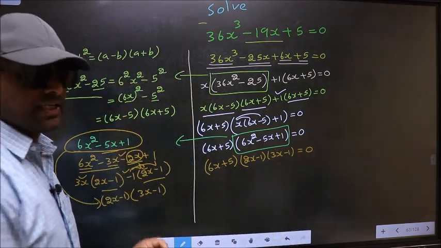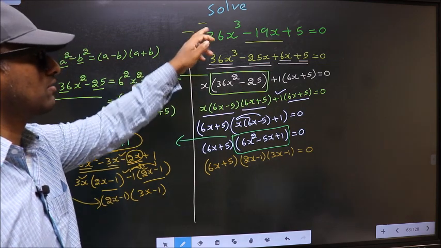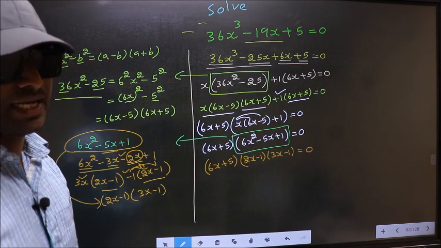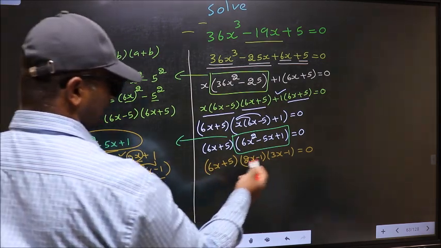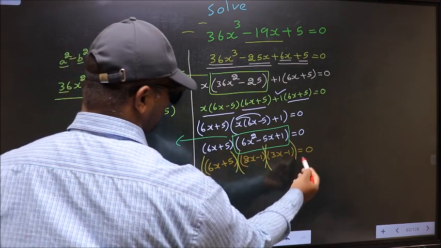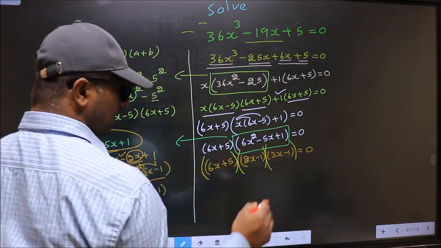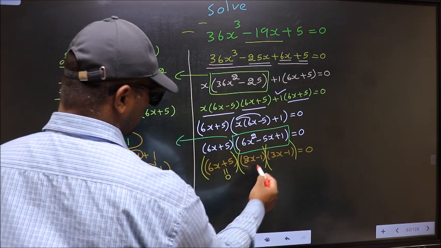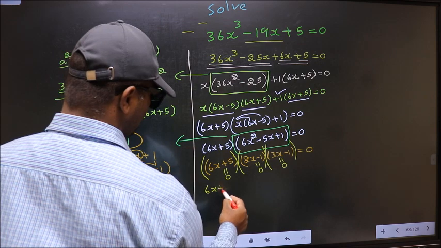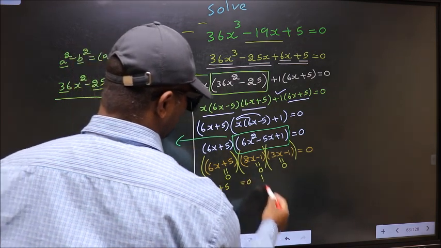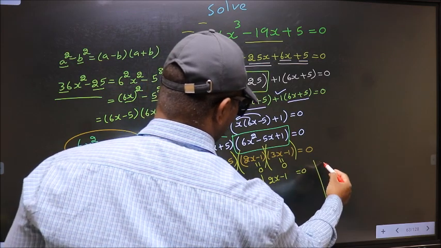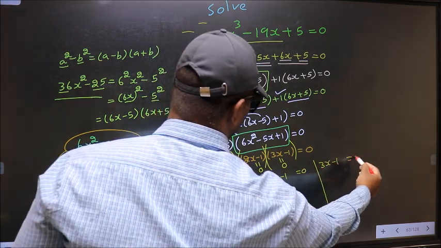Here they told us to solve, which means we should get the values of x, and over here we got product of brackets equal to 0. So to get x values we should equate each bracket to 0. That is 6x plus 5 equal to 0, 2x minus 1 equal to 0, 3x minus 1 equal to 0.